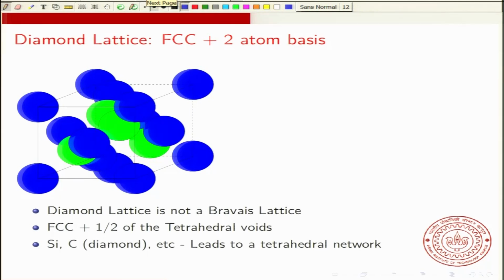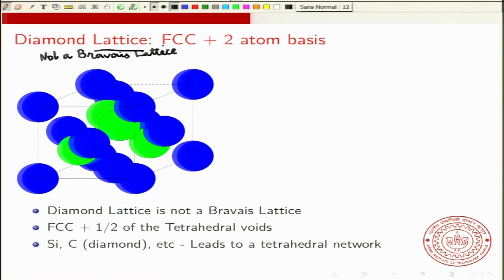Now I have used the term diamond lattice, but it is not truly a Bravais lattice. What I mean by diamond lattice is that every atom is identical.